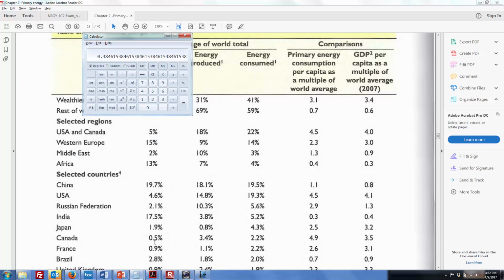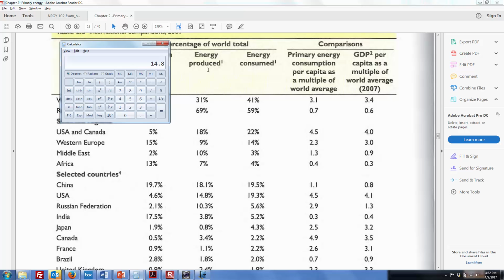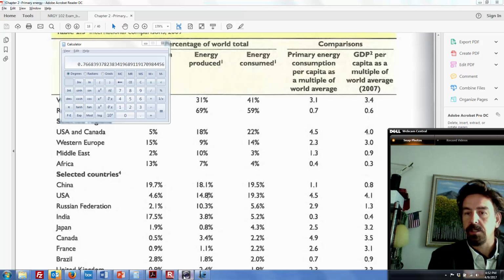Production is 14.8 produced divided by 19.3 consumed, that's 76, so the U.S. is 76% efficient, I guess you'd say.